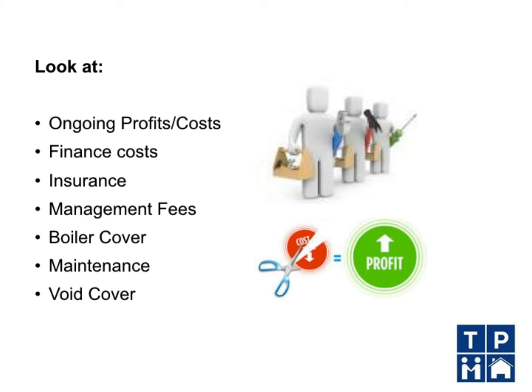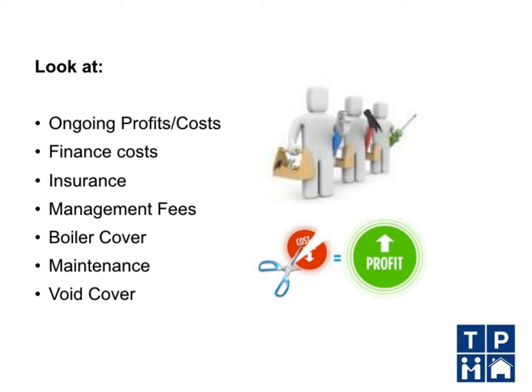Then you can look at things like boiler cover and whether you want something that will insure your boiler, and maybe even some other things around your house. There are various companies that offer different types of cover and different types of maintenance packages that will give you peace of mind if you're somebody that's new to this.